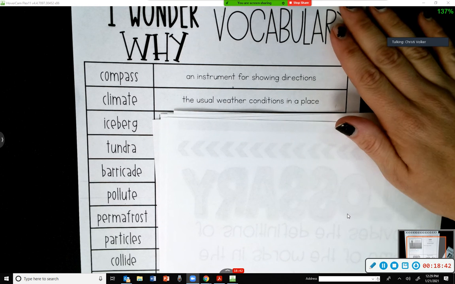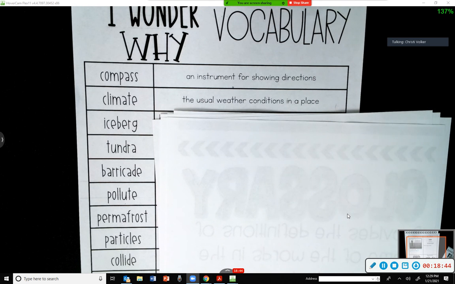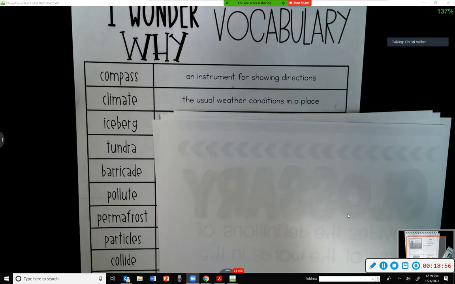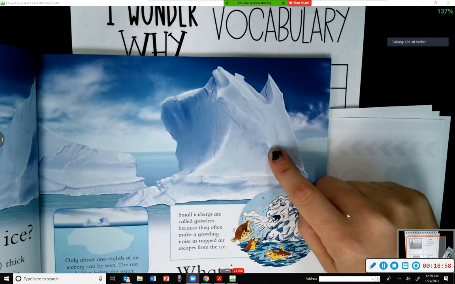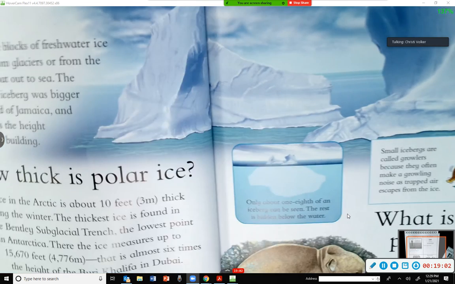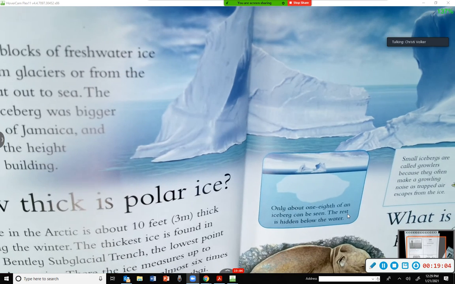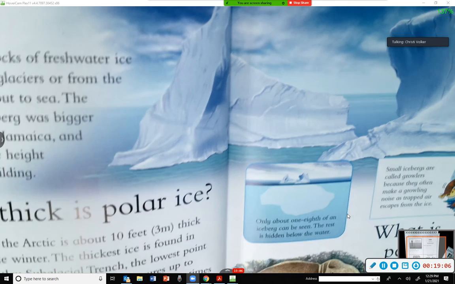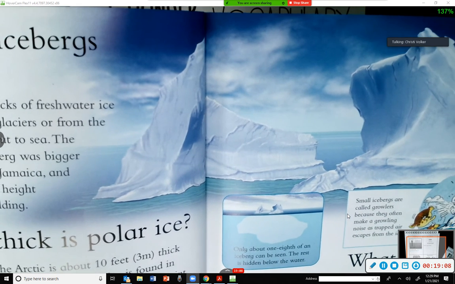Okay, an iceberg. They talked about icebergs in the book, right? What is it, Evangeline? Like a huge block of water. A huge block of, not water. Like a house, but it's actually full of ice. Ice, yeah. Icebergs are huge blocks of ice.